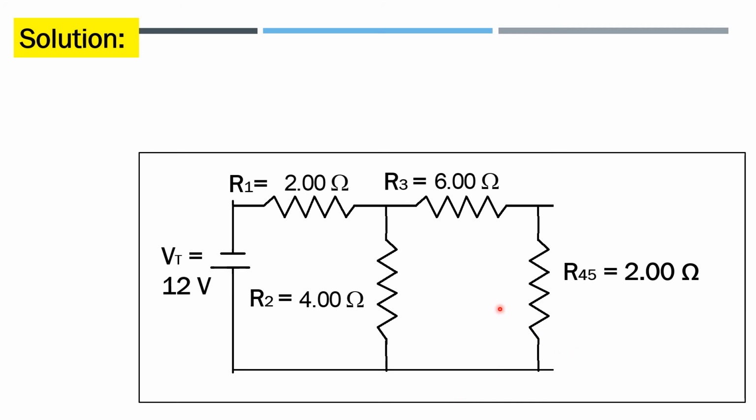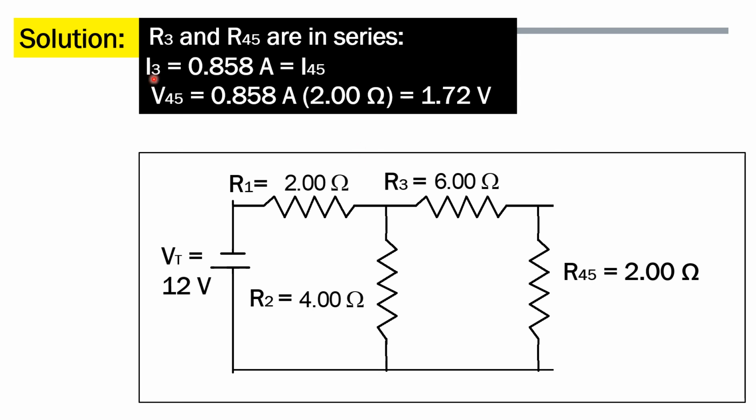As shown in the diagram, R3 is in series with R45. So it follows that whatever is the current through R3, which was earlier determined, will also be the same current through R45. And from there on, we can determine the voltage across R45.